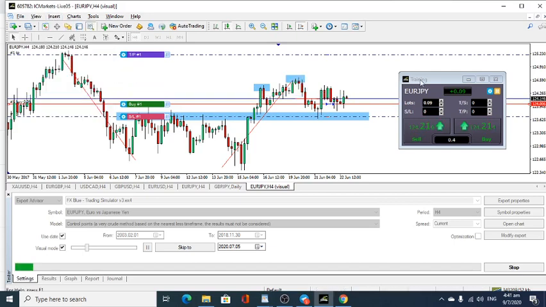Good. So the point is whether we break this resistance to start this higher high, or it will go down to hit my stop loss and then start to be a downtrend.